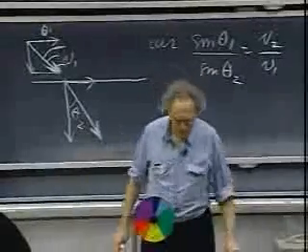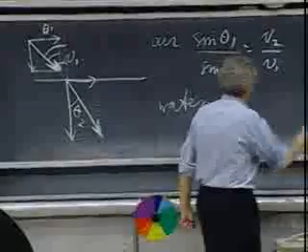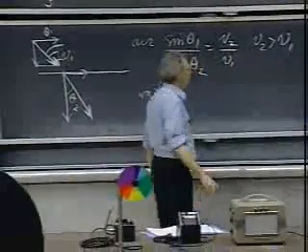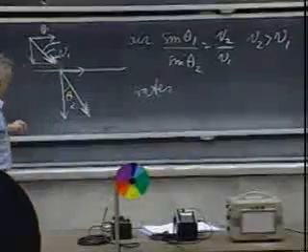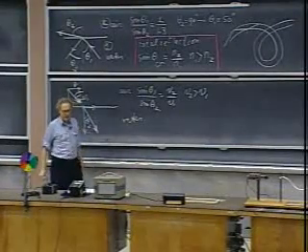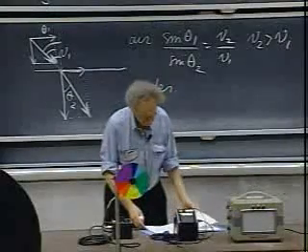A great victory for Mr. Newton. Except there was one problem, maybe, that it means that V2 is larger than V1. And so Newton argued that the speed of light in water is larger than the speed of light in air. And in glass, of course, it would be even larger.